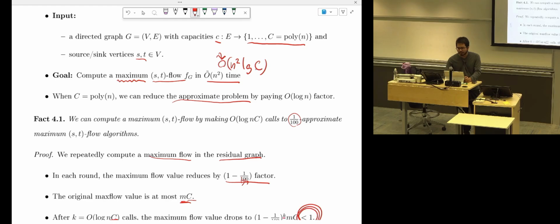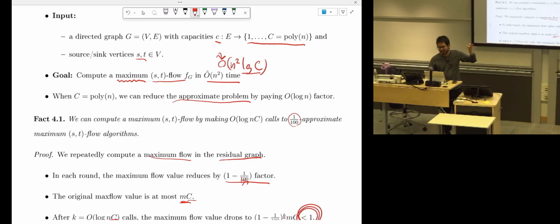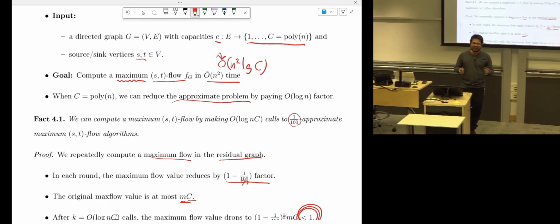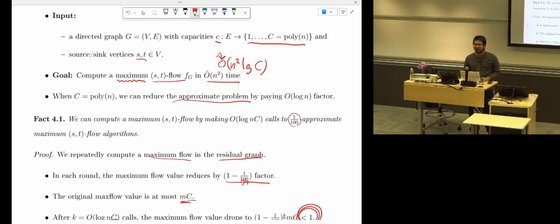This is usually what people call weakly polynomial, because it has this log C dependency. If you assume that C can be exponentially big, then no one knows how to beat mn yet, actually.